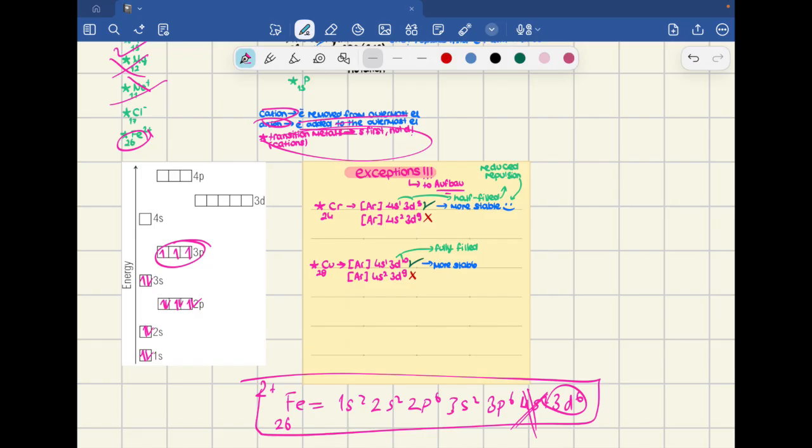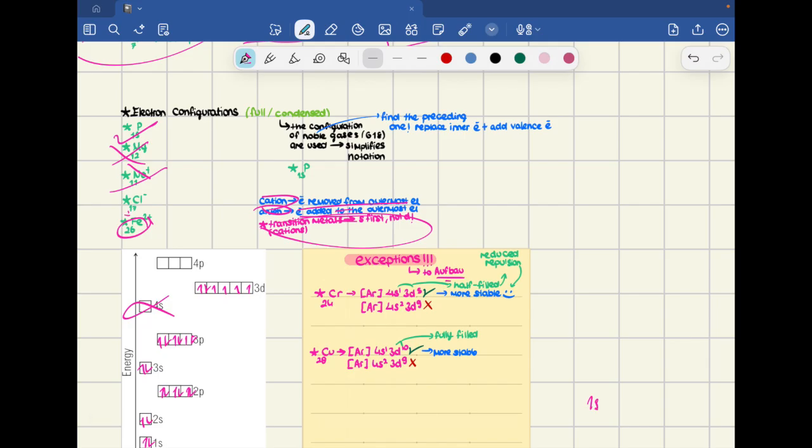So 1s2, 2s2, 2p6, we have 3s2, 3p6, and 4s is actually empty, and 3d has 1, 2, 3, 4, 5, and 6.